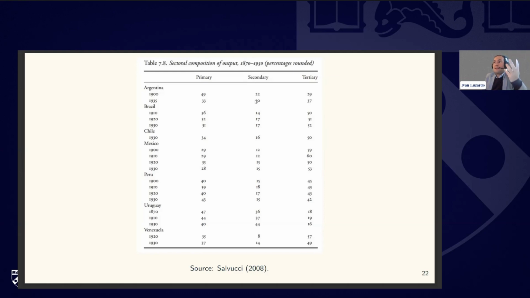So that was almost at the same level as the primary sector. So we usually see this period as one where Latin American economies were essentially agrarian economies, but once you consider not just the export sector, but also the total economy, the story is more complicated.